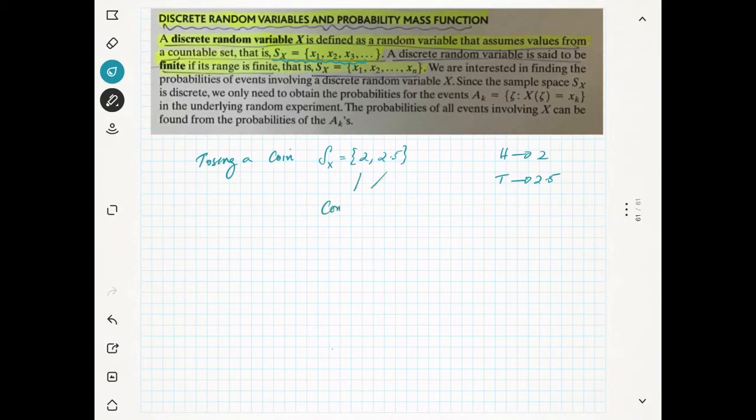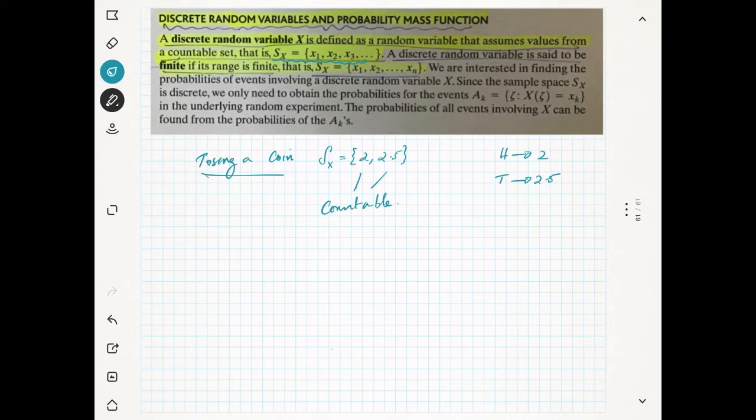You can see that it is countable. We can count the number of elements. So this is the case of a discrete random variable. That means you can assign a natural number to each and every outcome of the random experiment. A discrete random variable is said to be finite if its range is finite.